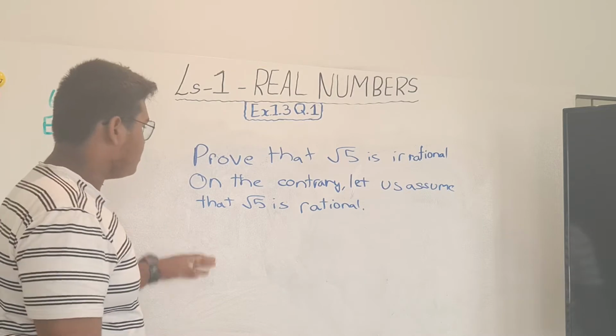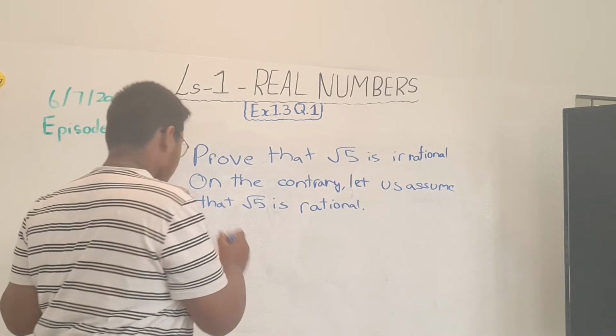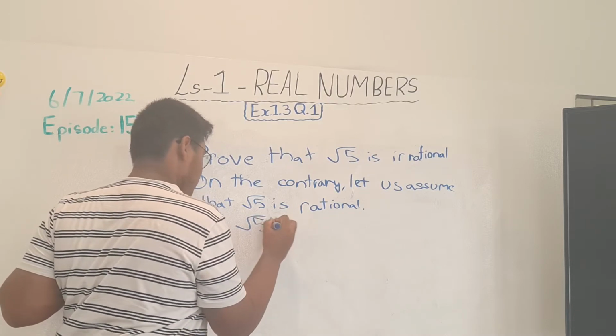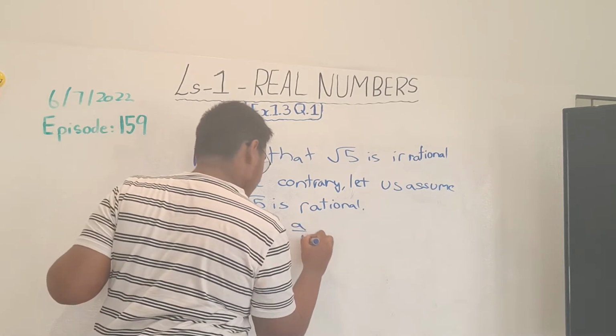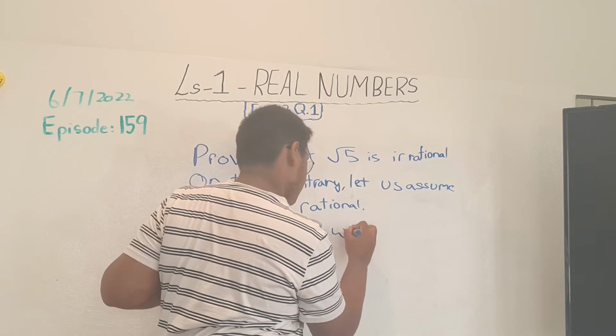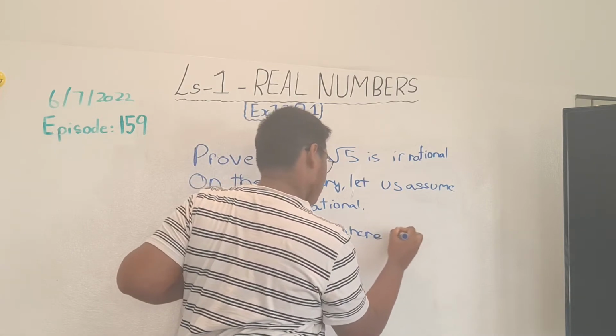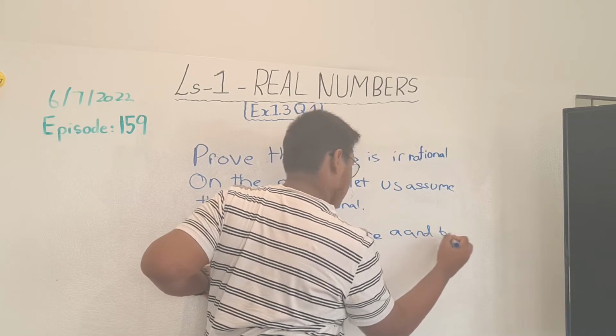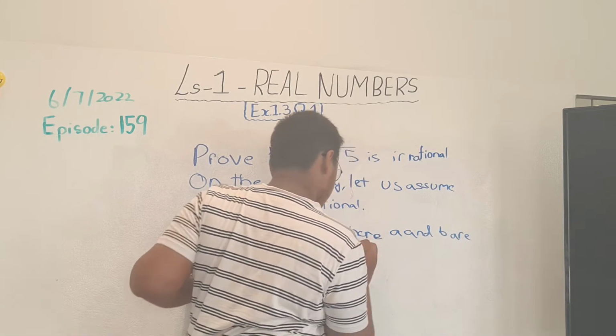After this, we will take root 5 equals a by b, where a and b are co-primes.